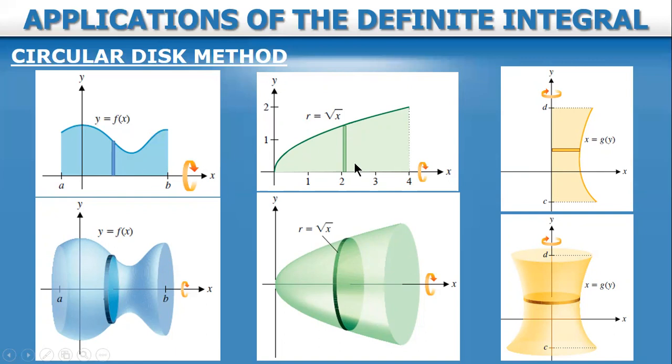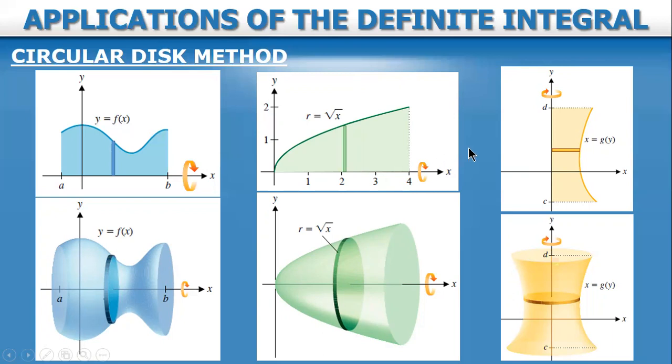For this one, since our axis of revolution is horizontal, then our strip must be vertical. For the third one, since our axis of revolution is vertical, then our strip must be horizontal, perpendicular. That's the first thing that you will consider.